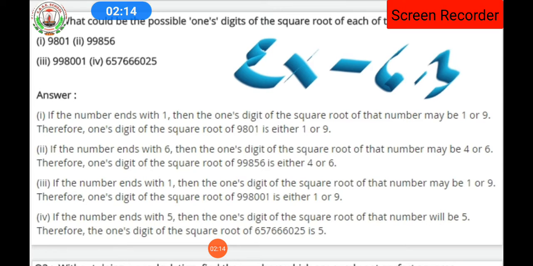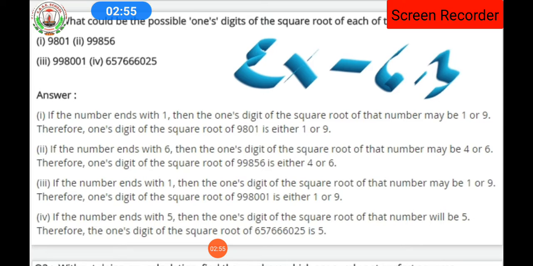So we will apply a shortcut method over here. If you want to do the other method, it's okay, no issue. For 9801, you have to first find out the square root of this number, and then find its ones digit. 9801 का जो square root find करोगे, प्राइम फैक्टराइजेशन मेथड से या लॉन्ग डिवीजन मेथड से या रिपीटेड सब्सट्रैक्शन मेथड से, ठीक है, कोई भी मेथड, जब इसका स्क्वायर रूट आप फाइंड करेंगे तो उसमें जो आंसर रहेगा उसका वंस प्लेस वैल्यू क्या होगा, that is the only question asked.